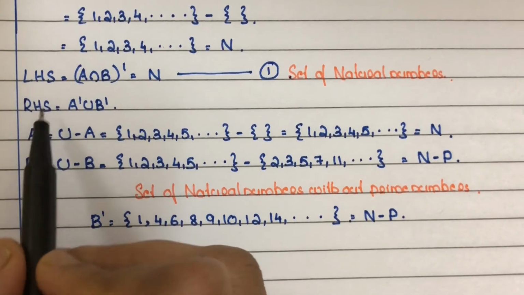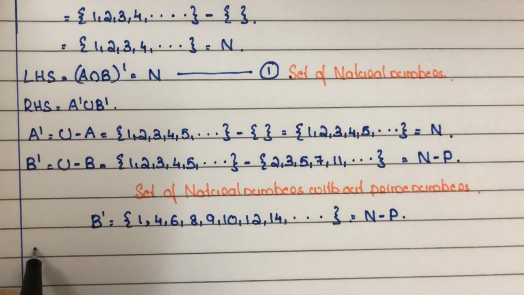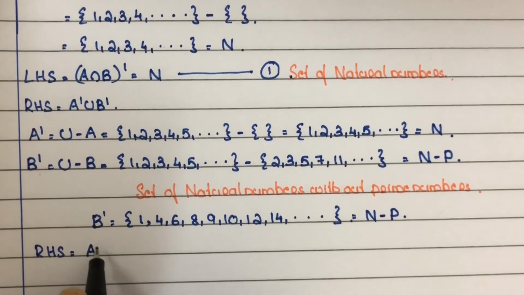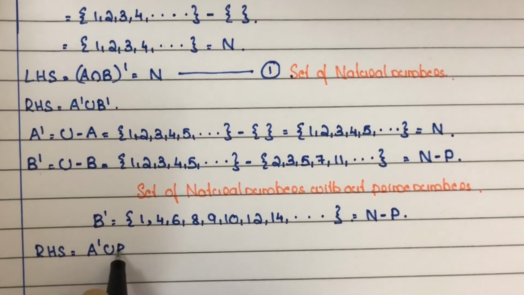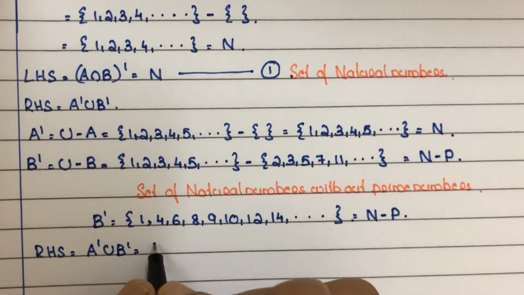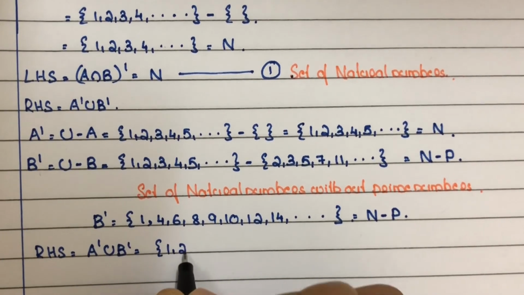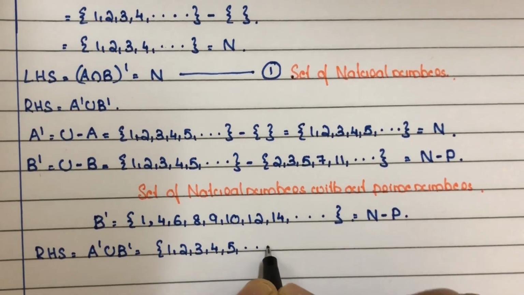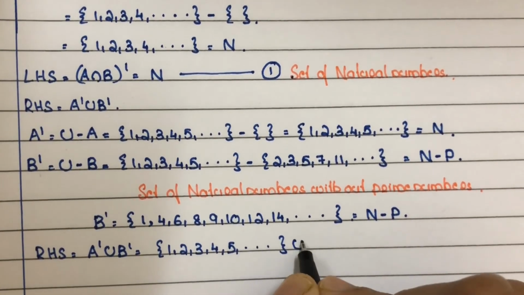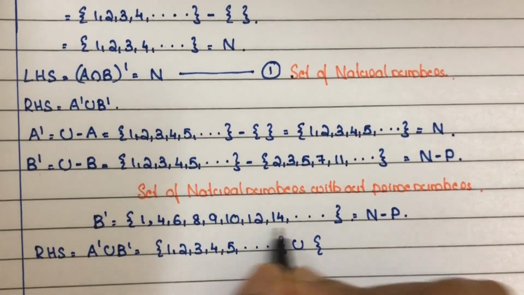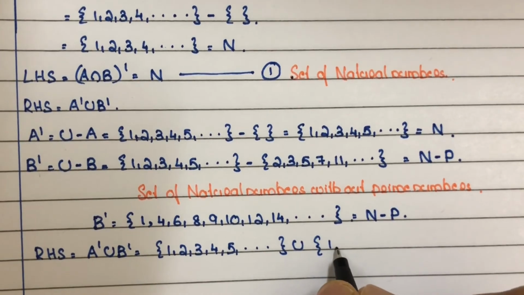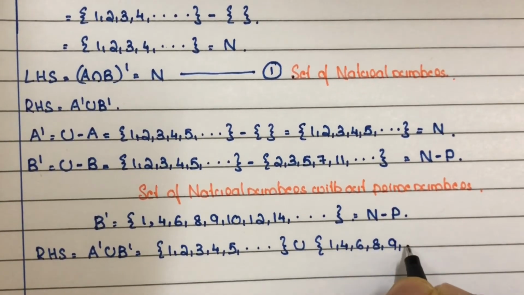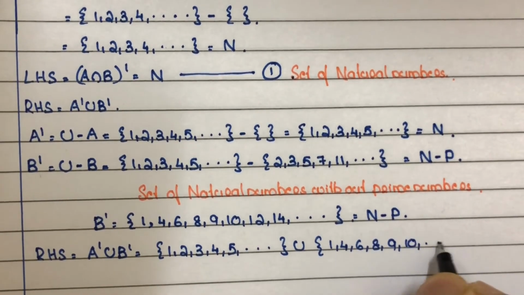So our RHS equal to A dash union B dash. Means what? Set of natural numbers 1, 2, 3, 4, 5, etc. union B dash, set of natural numbers without prime numbers 1, 4, 6, 8, 9, 10, etc.